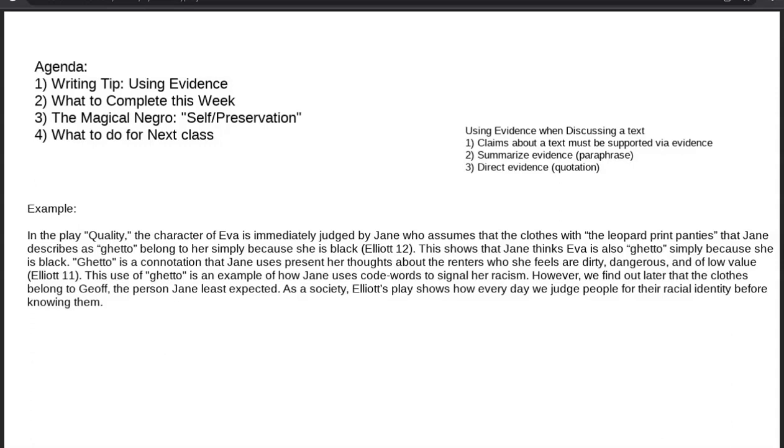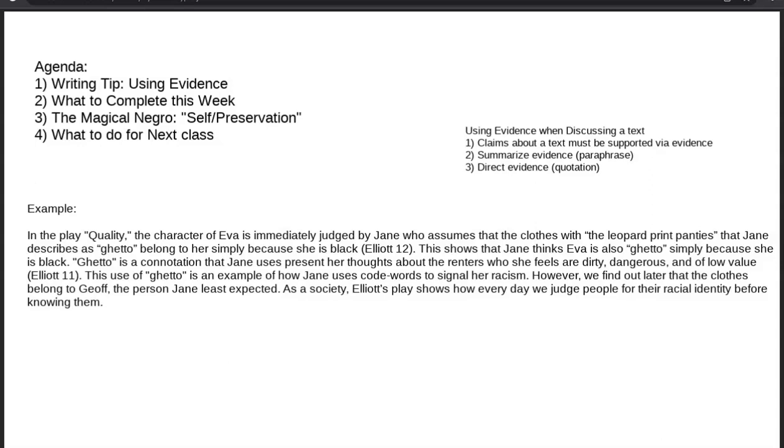Now, in your other writing classes, you might have a range of evidence that you're using to support a claim. It might be data or facts or experiments from a lab report, 900 million things. In this class, the evidence that you will be using most often will be your interpretation of the text. The play, the poems, what have you.